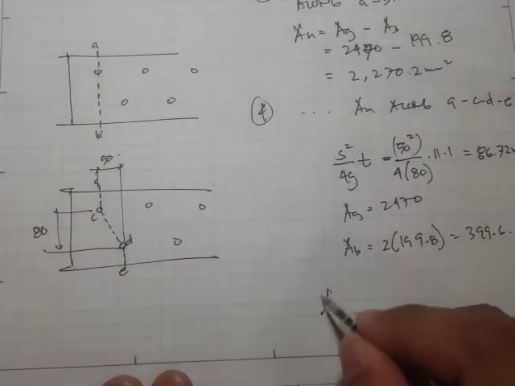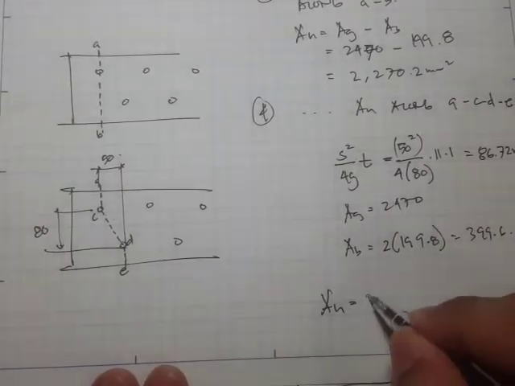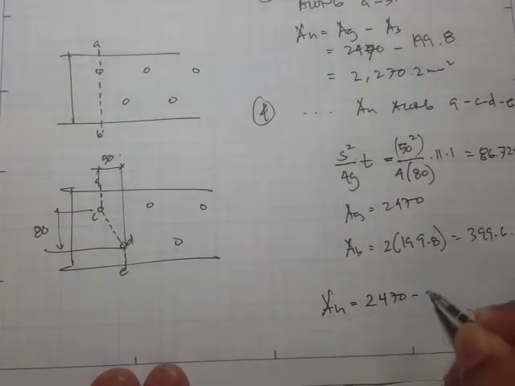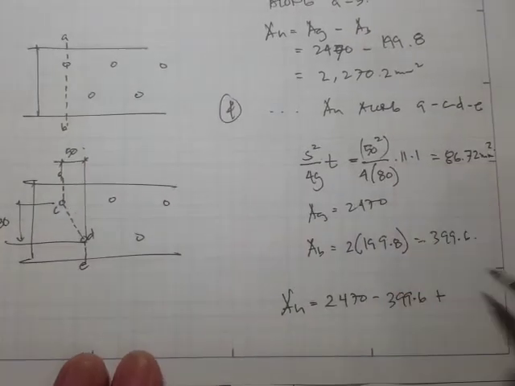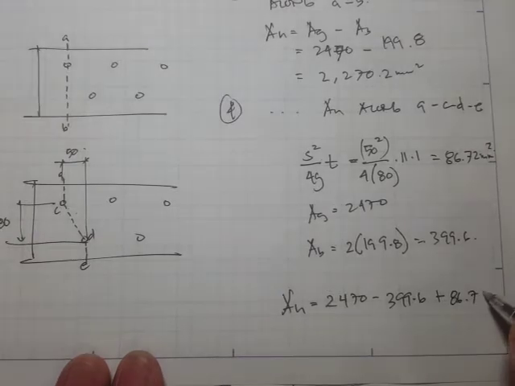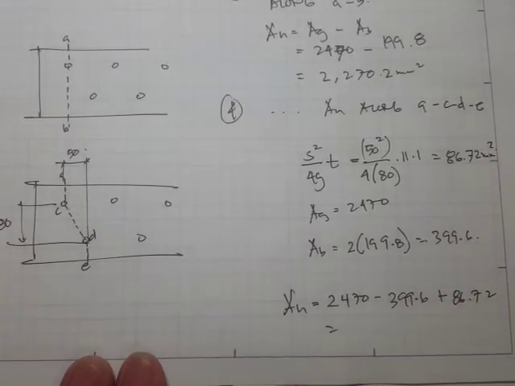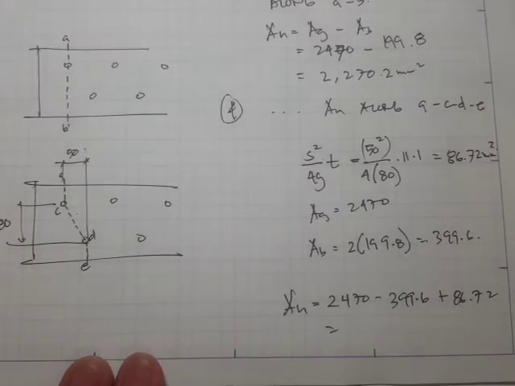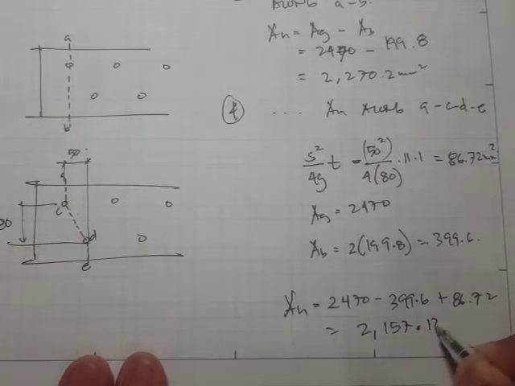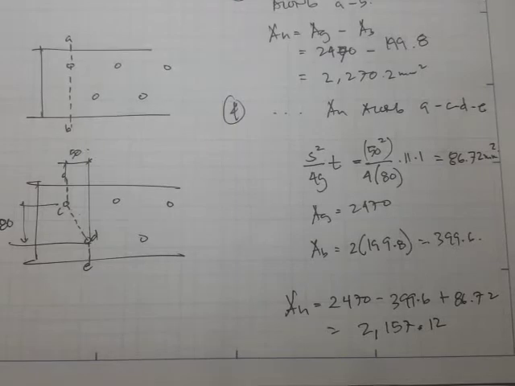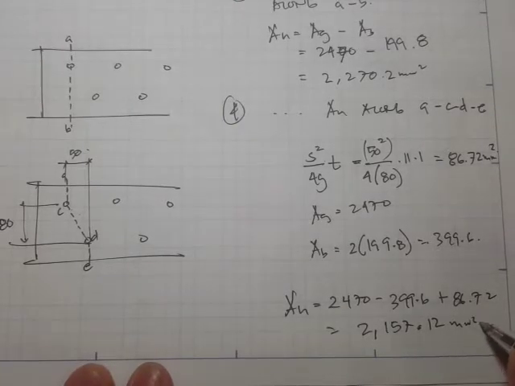Therefore the A net is equal to 2470 minus this bolt area, plus the staggered factor of 86.72. 2470 minus 399.6 plus 86.72 is 2157.12 mm squared.